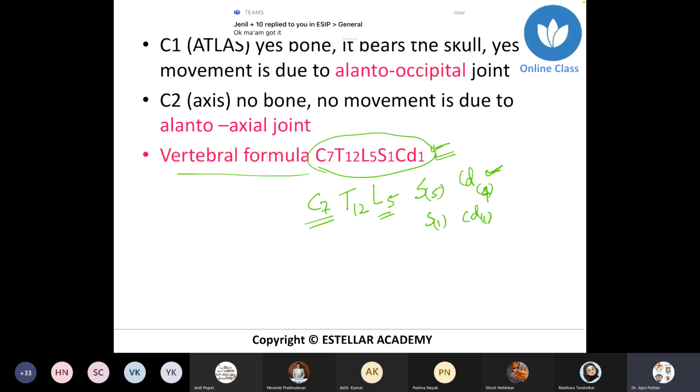So did you all understand C1 atlas? Now, what do you mean by yes bone? When I tell you to say yes, do the action. When you're nodding your head to say yes, do you move your neck upward and downward or sideways?